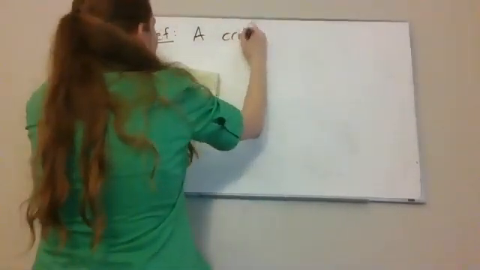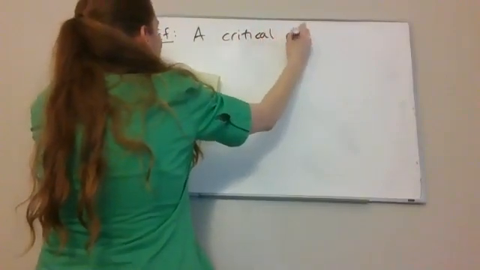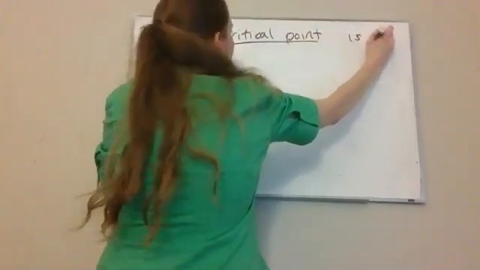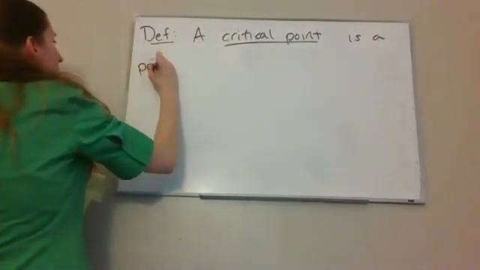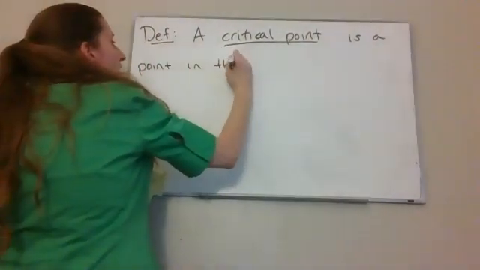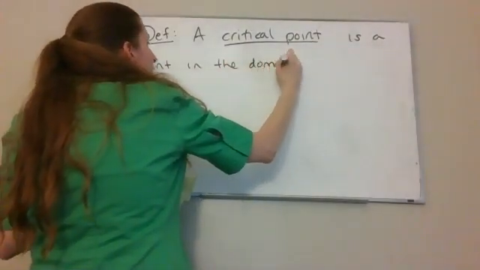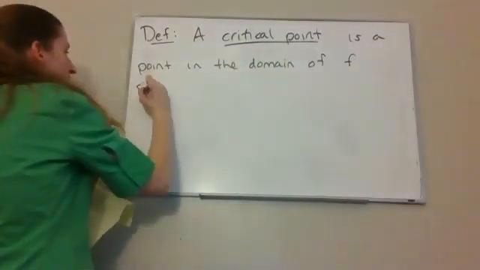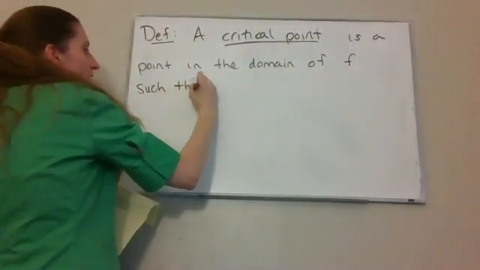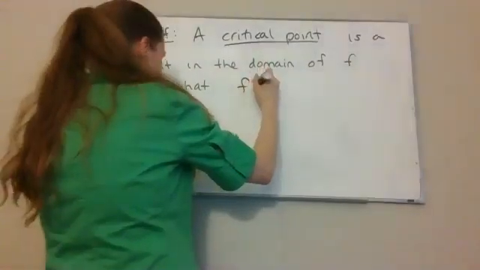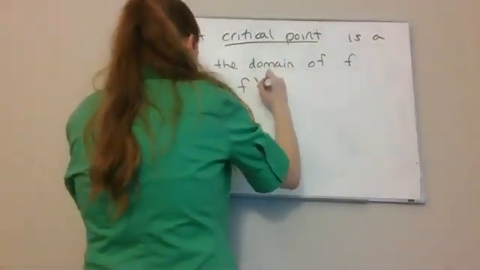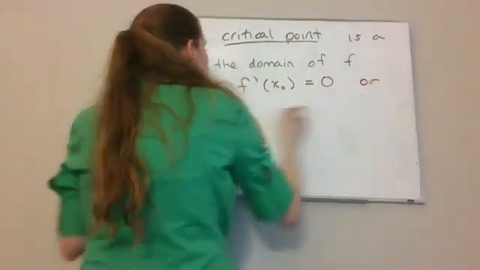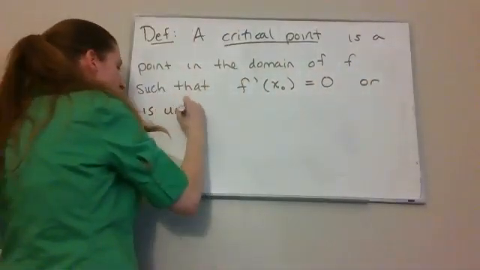A critical point is a point in the domain of our function such that the derivative of the function at that point is equal to 0 or is undefined.